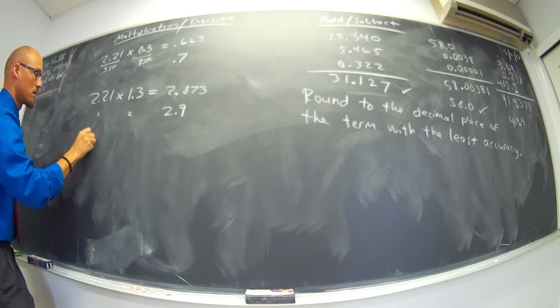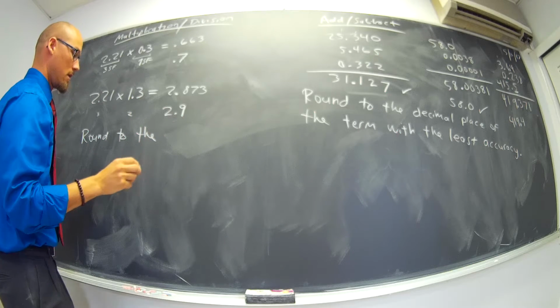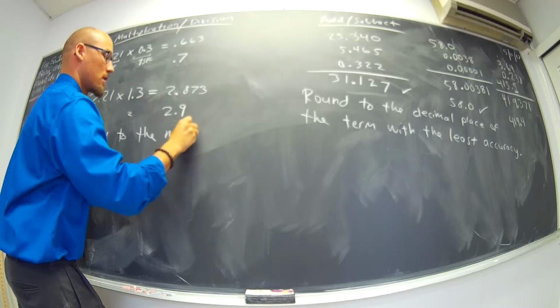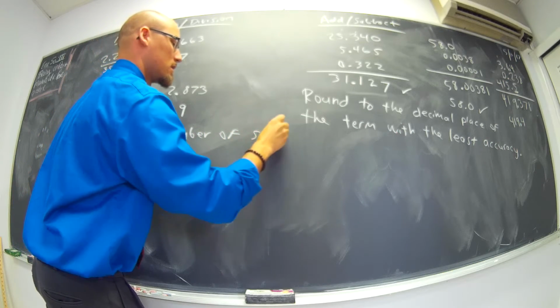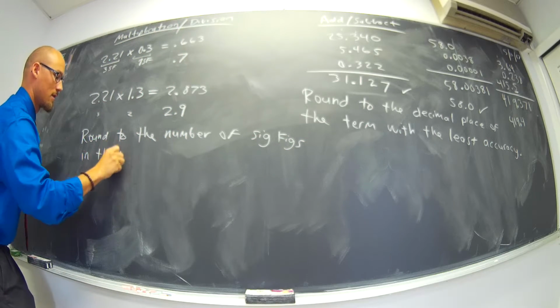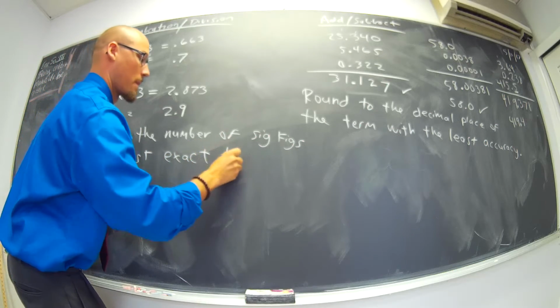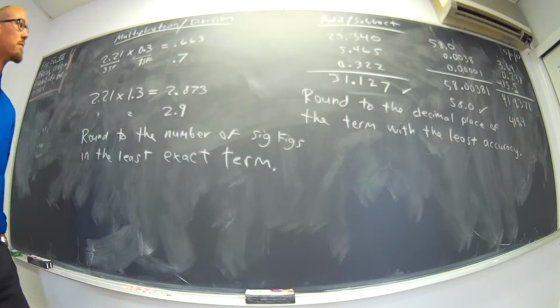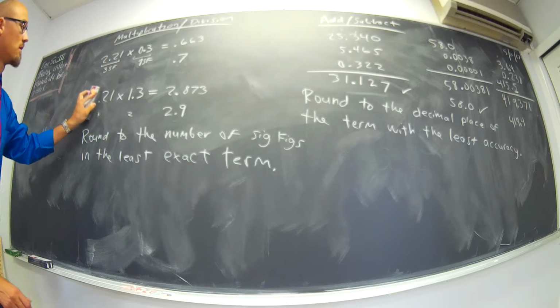So round to the number of significant figures in the least exact term. And that's the same for division as well.